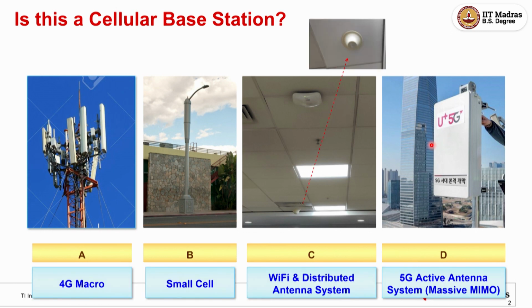Okay. Just to elaborate, this is the 3G, 4G base station, and all of them look similar on the left side. The lamp tower that I was talking about is called a small cell. It's also a mini base station, but it covers a smaller area compared to a bigger tower. Wi-Fi we are all familiar with, but in addition to Wi-Fi, there are something called distributed antenna systems.